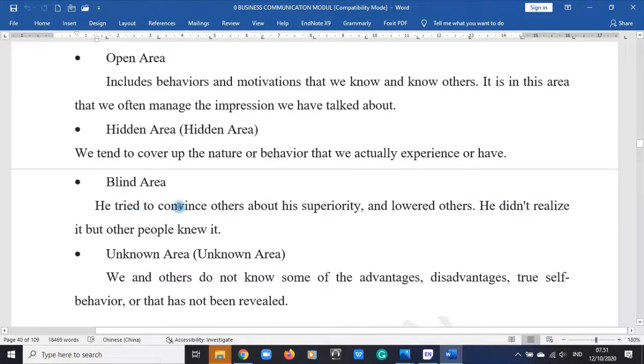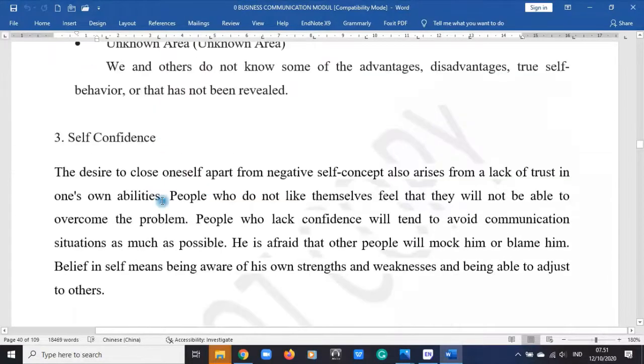When somebody tries to convince others of his superiority and lowers others, he doesn't realize it, but other people know exactly about it. And also we have the unknown area. We and others don't know some of the advantages and disadvantages of self-behavior that have not been revealed yet. Perhaps later, as time goes by.